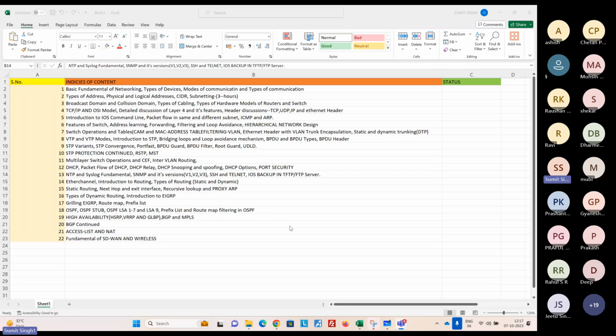So we will touch MPLS as well to some extent, only to the extent to which it is required. And I am open to adding more topics. For example, in the session itself, I could see that I didn't add multicasting. So probably I'll add IGMP as well. I'll adjust it somewhere above or below.